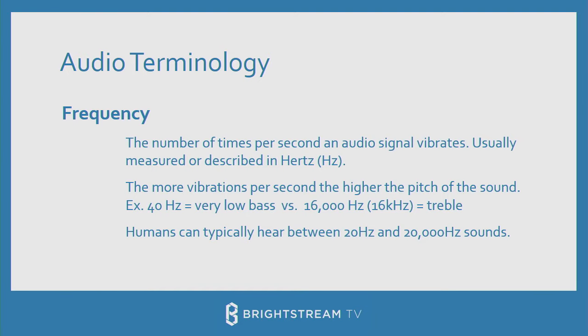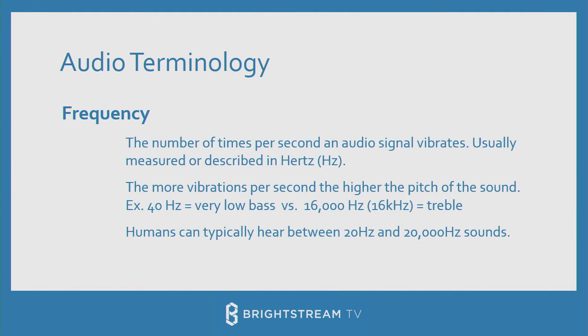Now, the number of times that our eardrum is struck per second, well, that's frequency. And this is measured or described in hertz. Now, you'll also hear kilohertz. It's the same thing, it's just 1,000 hertz, okay? So, as I've pointed out here in the slide, the more vibrations per second, so our eardrum is being struck faster, then that is a higher pitch sound.